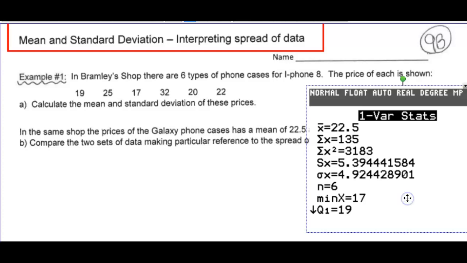So the mean for these iPhone 8s is 22.5, and the standard deviation, this is the population standard deviation, no, sample standard deviation and population, I believe.